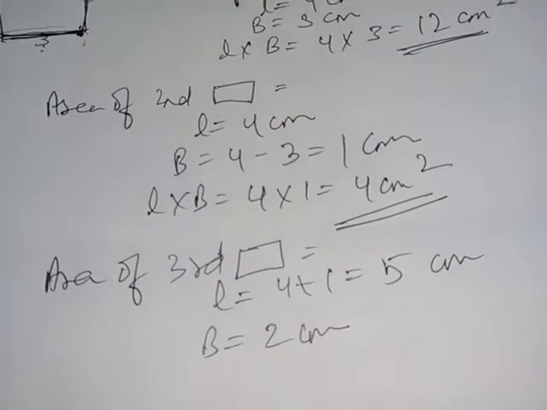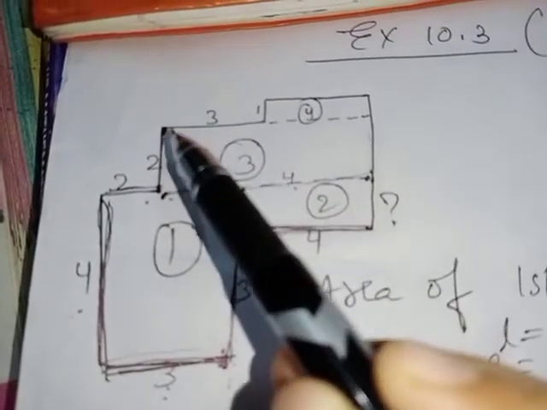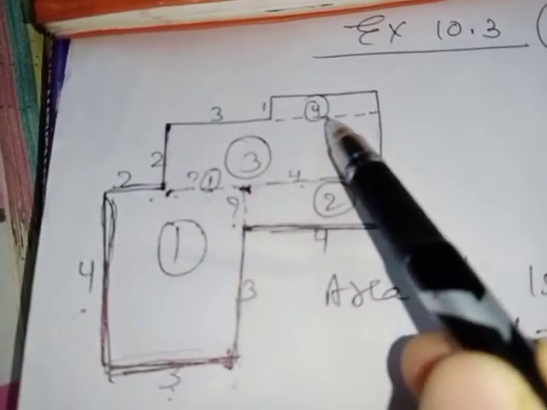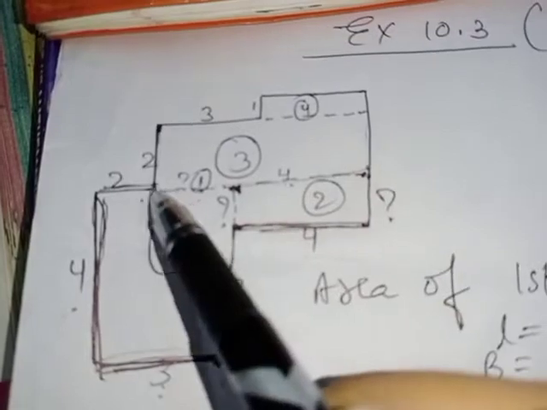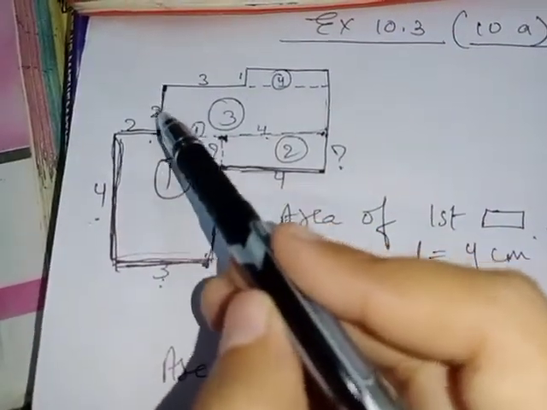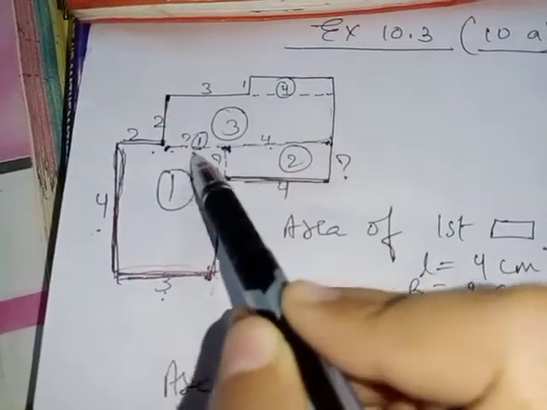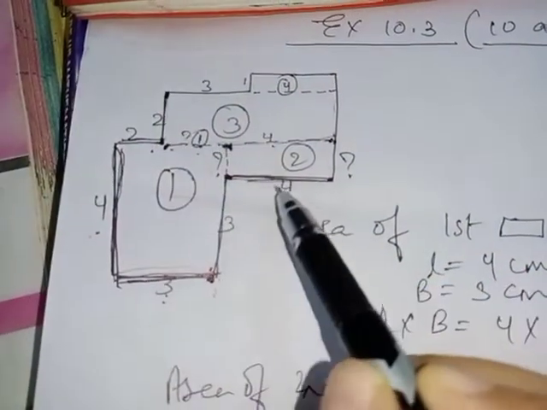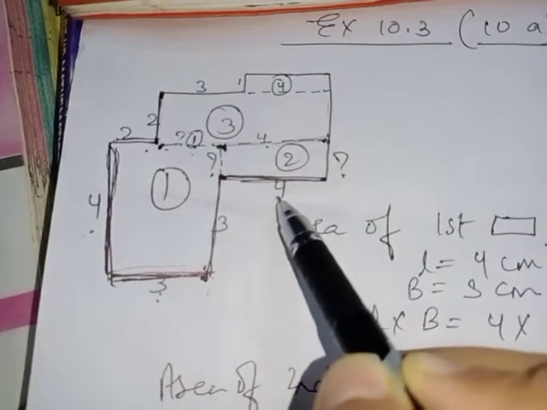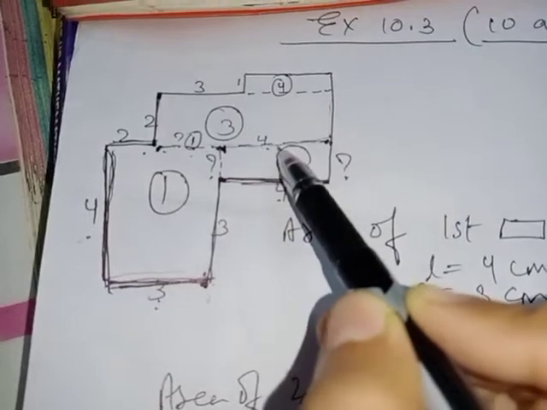Once again I'll tell how. You can see our third rectangle is complete. This complete is our third rectangle. Okay, so breadth already we know is 2. What about this complete length? So this complete length, if you see, it is written here 4, right? So half of the portion we got it clear, 4. But we want this portion also.